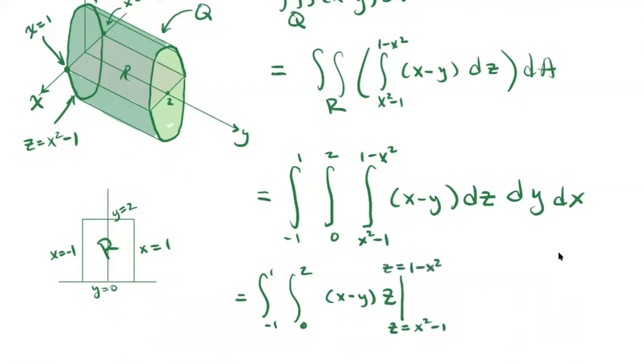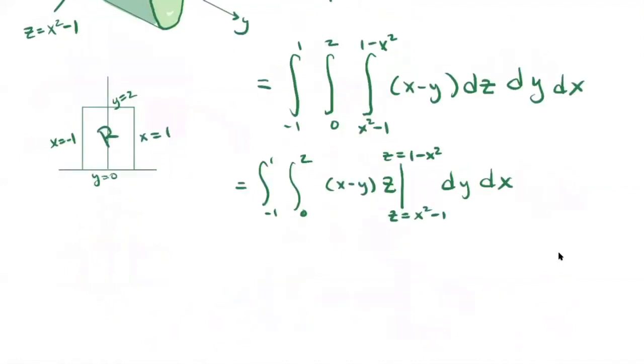And then once that's done, it'll just be dy dx, a normal double integral. Then I'll come over here. Times z, so for z you're going to do 1 minus x squared minus x squared minus 1, like that.